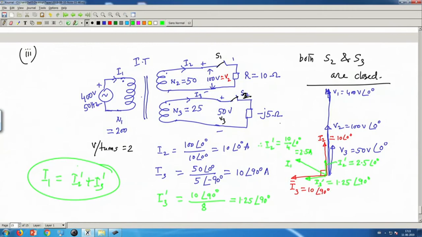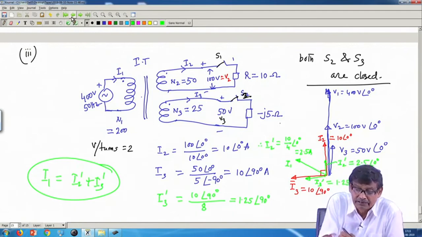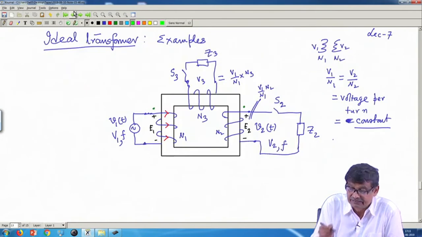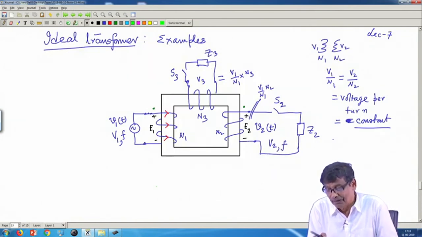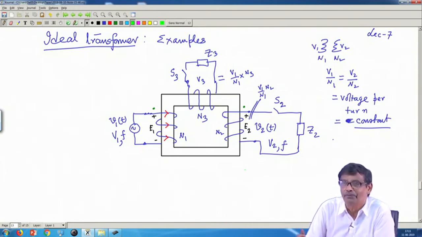To complete this problem, you must go through the steps very carefully, because there may be situations where from the same source you want to get different voltage levels on the same core, so you connect several coils like this, 2 coils, maybe 3 coils, each giving a different level of voltage.